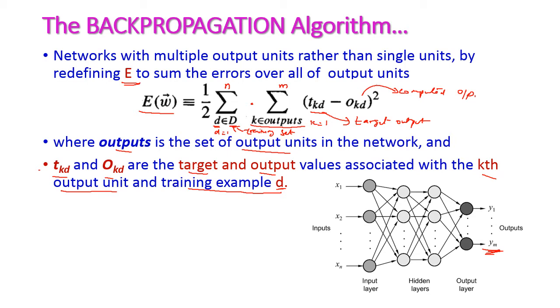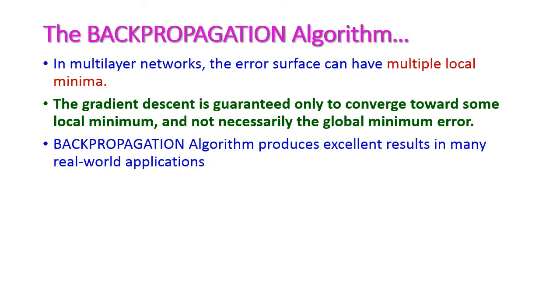For example, we can take this particular training set and ask what the outputs y1 to yn will be. In a multilayer neural network, if the network has more output units, then the error surface can have multiple local minima.